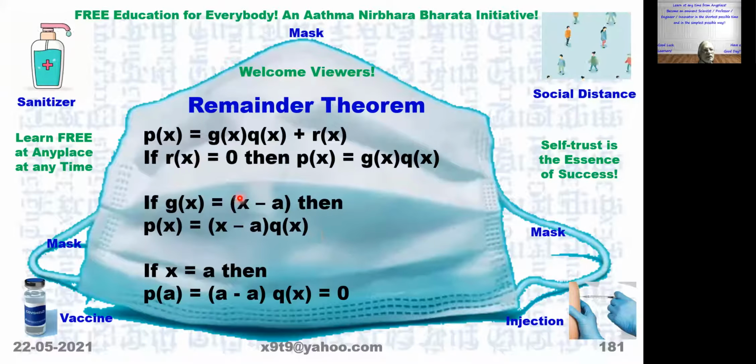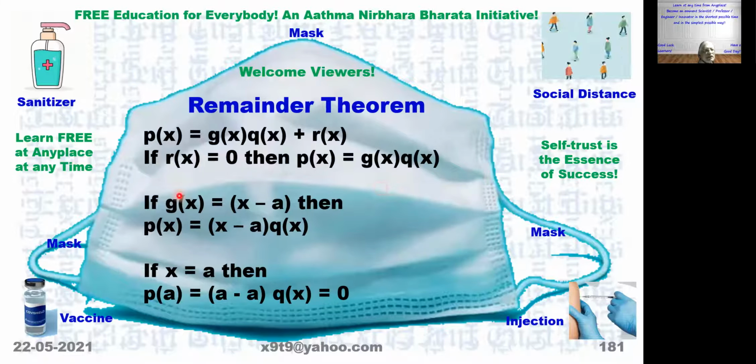So, the remainder theorem is P(x) is equal to G(x) into Q(x) plus R(x). If R(x) is 0, then P(x) is equal to G(x) into Q(x). So G(x) and Q(x) are factors of P(x), or P(x) is a multiple of G(x) and also a multiple of Q(x), or the roots of G(x) are roots of the polynomial equation P(x) equal to 0.